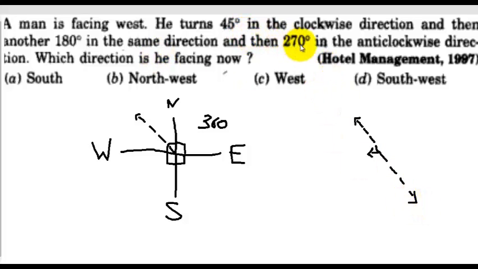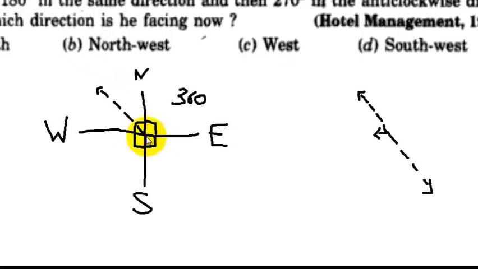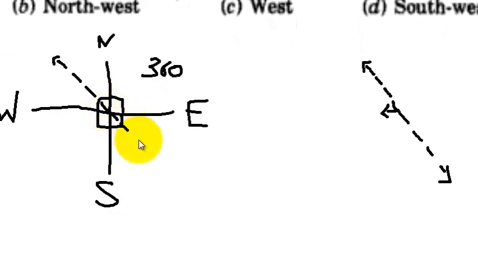And then 270 degrees in the anti-clockwise direction. Anti-clockwise direction means the reverse direction of the clock. Now he is here. Moving again anti-clockwise: 45, 90, 135, 180, right? 225 and 270 comes here.